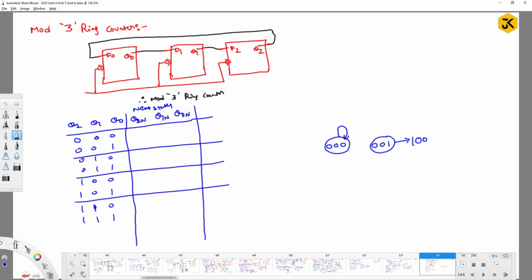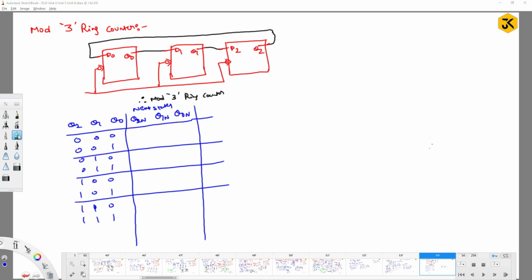If you think it is 001 and shift it, this bit comes here and the other two bits are shifted, so I would assume 100. Like this you could assume by ourselves, but you should not go with this, because you have to go as per the diagram.